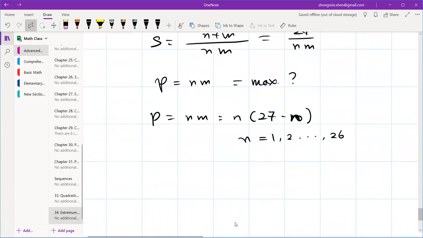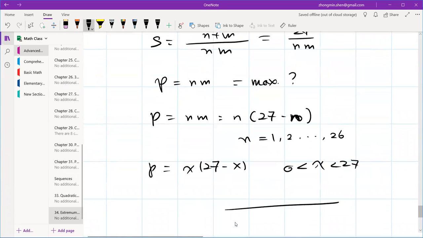But if you look at the function, let's look at the function. I use x because x can take arbitrary values. For this one, no restriction on x, just between 0 and 27. You get a graph that opens downward, right?